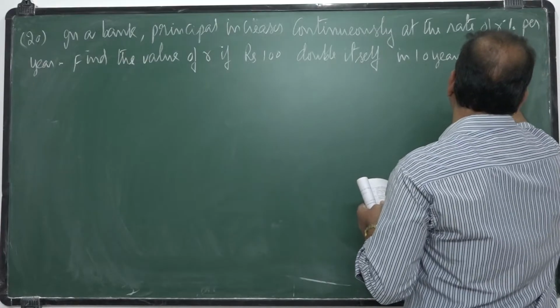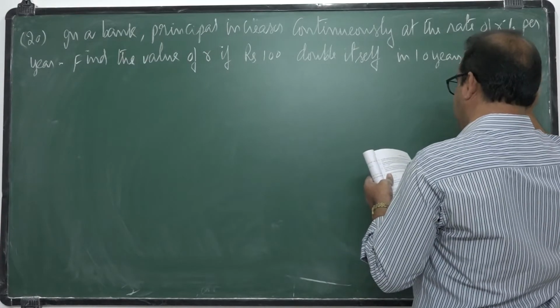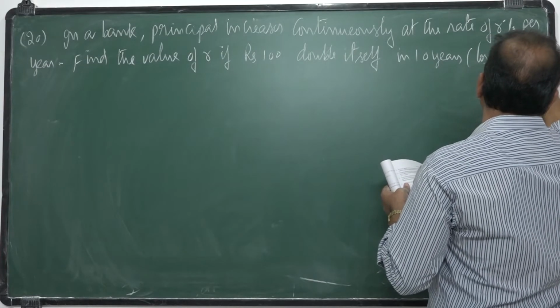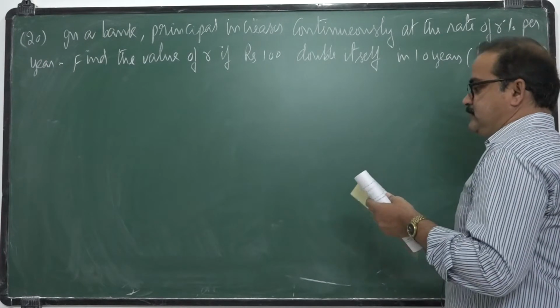Given value log 2 to the base e is equal to 0.6931. By using this value.